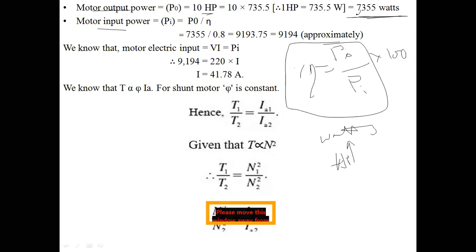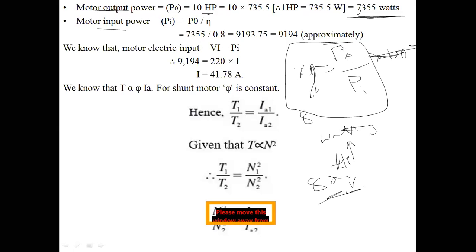Having this output power, he has given in the problem that the efficiency is about 80% at full load. That means you are going to calculate all the terms at full load. So efficiency is equal to P output by P input. We are not going to calculate the percentage efficiency here; we take only the efficiency, output power by input power.